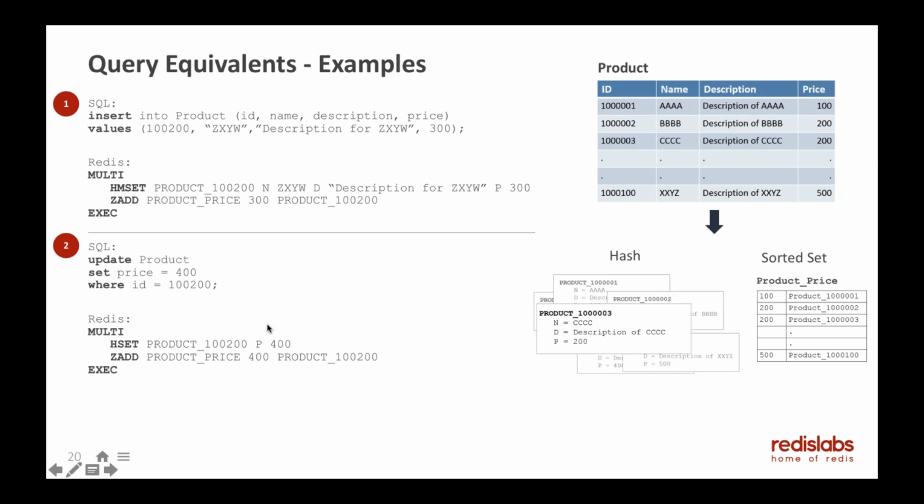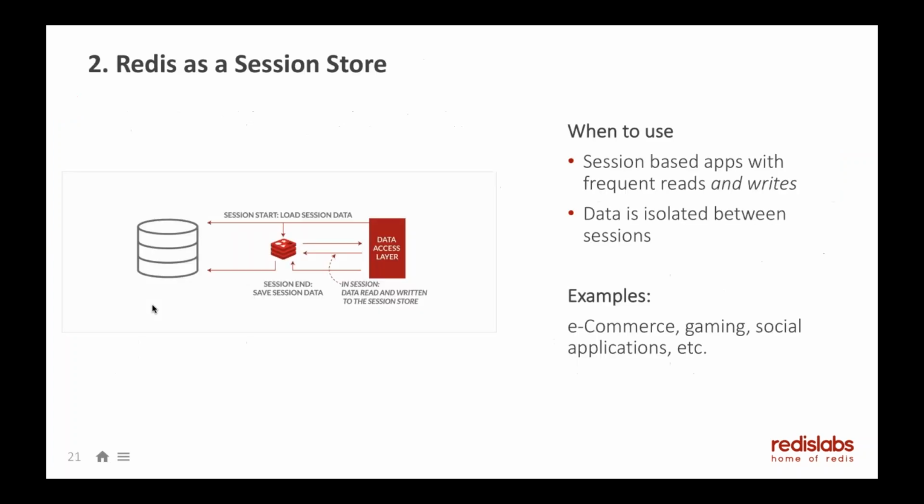So I'm doing hset to this product, and I'm updating the price to 400, and then I need to add this item inside the sorted set data structure as well. So I'm running this inside a multi-exec. So this is the equivalent of updating a product in a row.